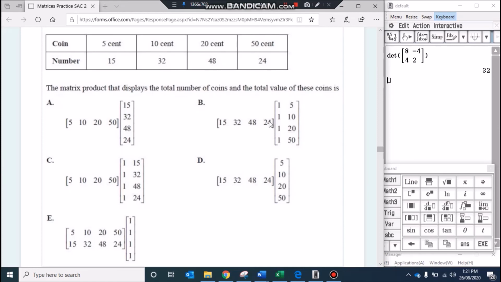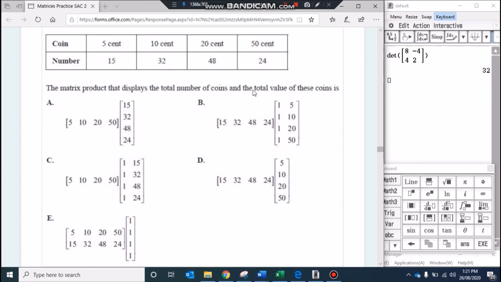So the first element is just adding up these numbers. That's all it's doing. And these numbers added up is the same as the number of coins there are in total. So already our first element gives us the total number of coins. So that's the first thing we wanted.